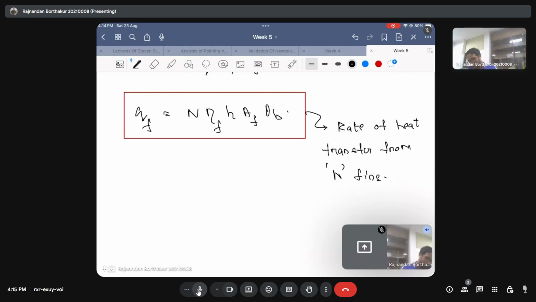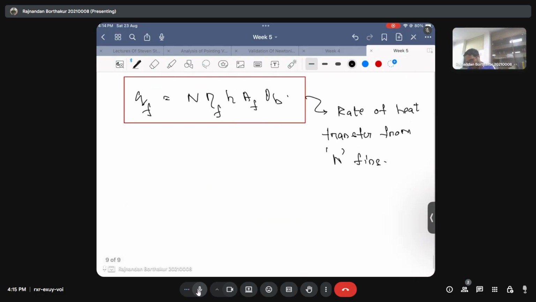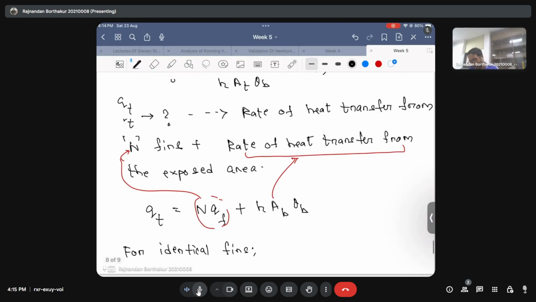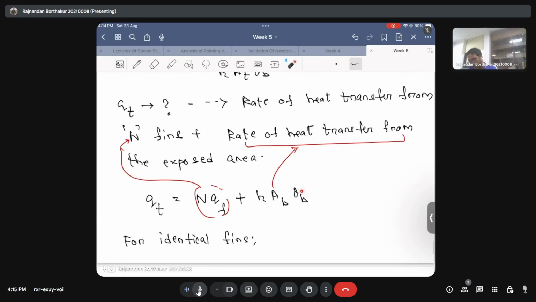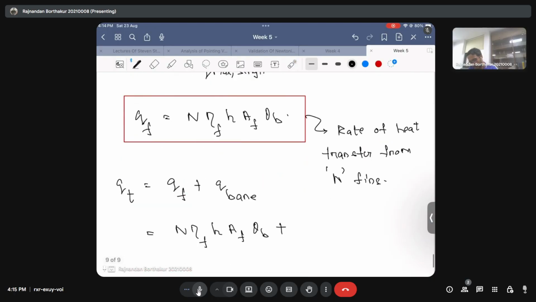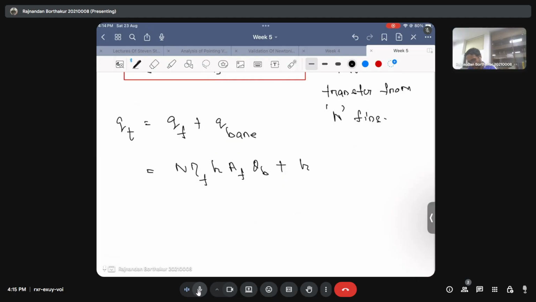So my Qt, the total rate of heat transfer, is just Qf plus the heat transfer from the bare area, which I will call Qb, q bare. This is n times eta f times h times Af times theta b, plus the heat transfer from the bare area, which is just h times Ab times theta b. Okay, so this is Qt.